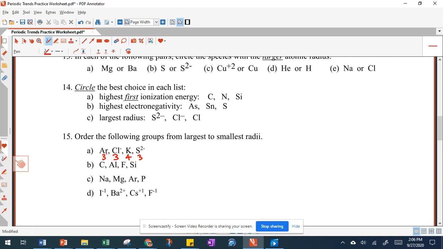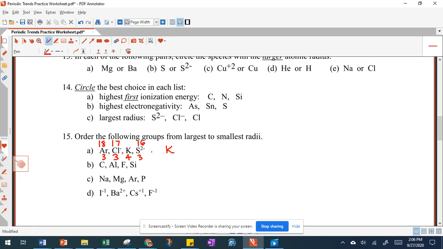One thing I want you to notice is that argon, the chlorine ion, and the sulfur ion are all isoelectronic with argon, since they all have the same electron configuration as argon. Potassium will definitely be the largest since it has 4 energy levels. So what we need to compare are argon, chlorine, and sulfur. Now we need to focus on how many protons are in the nucleus of each one. Argon has 18, chlorine has 17, sulfur has 16.